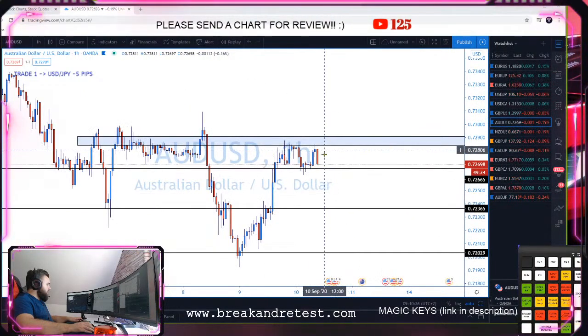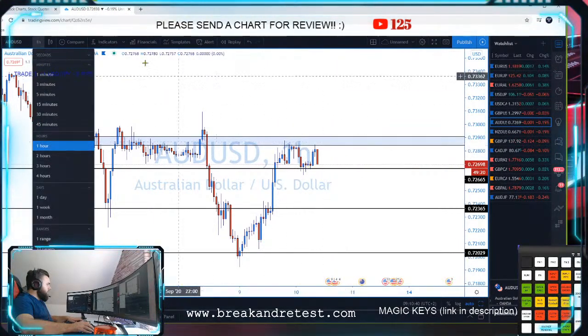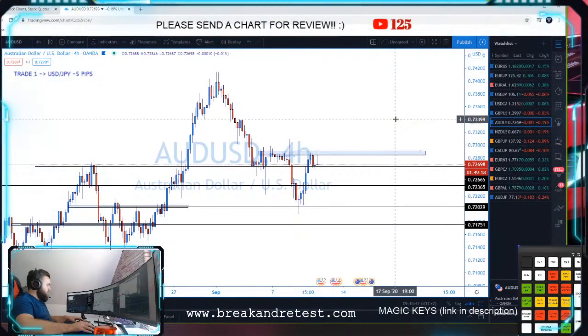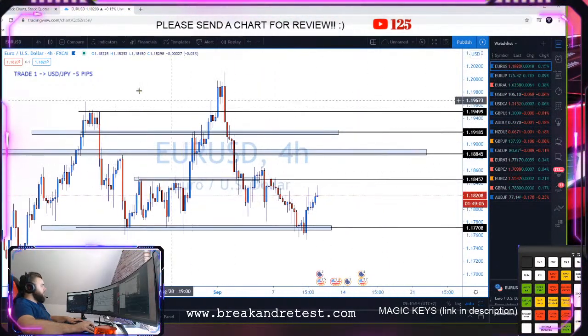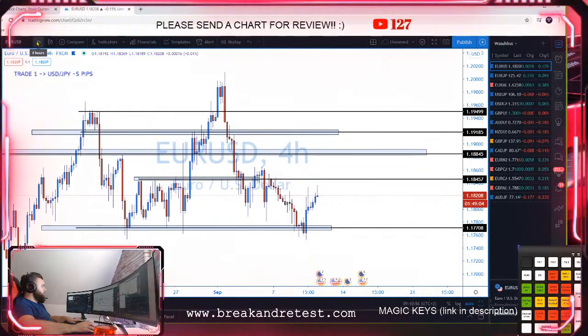Yes, Aussie dollar needs to break below this 4 hour support or above this resistance, either of them. Let's see what we have.